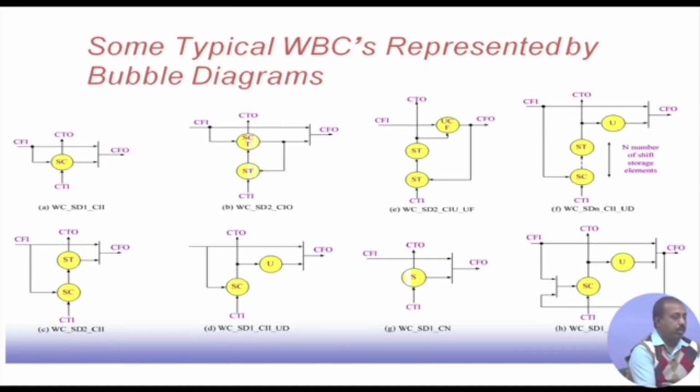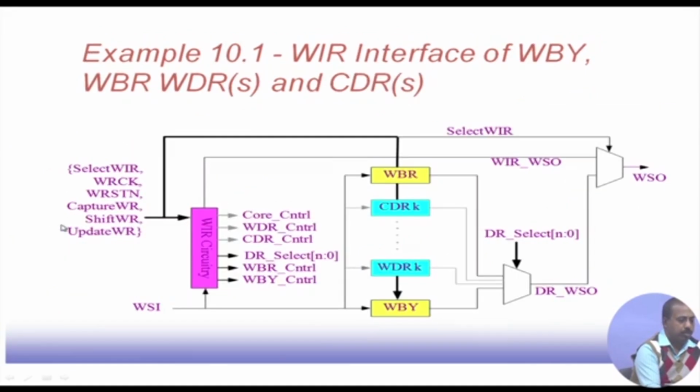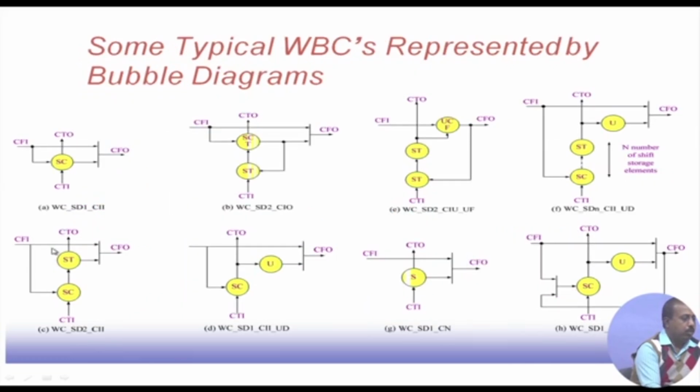Like say this one. It says shift data 1 to CII. So, this is S and D. I think there is some description. Okay. What it says is that this bubble is basically a storage element, and the storage element has points S and C. S stands for shift, C stands for capture.